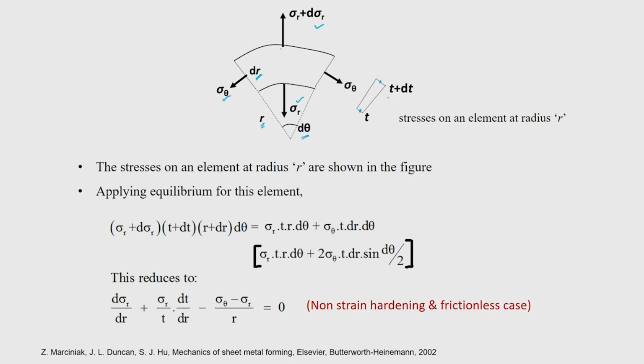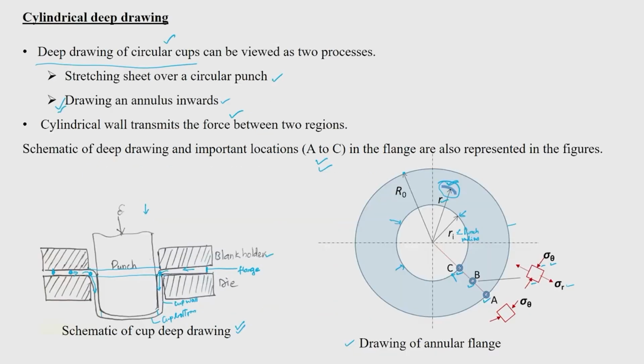That is why I mentioned t plus dt, and here it is t. So these are the stresses on an element at radius r. This r is nothing but this r only.